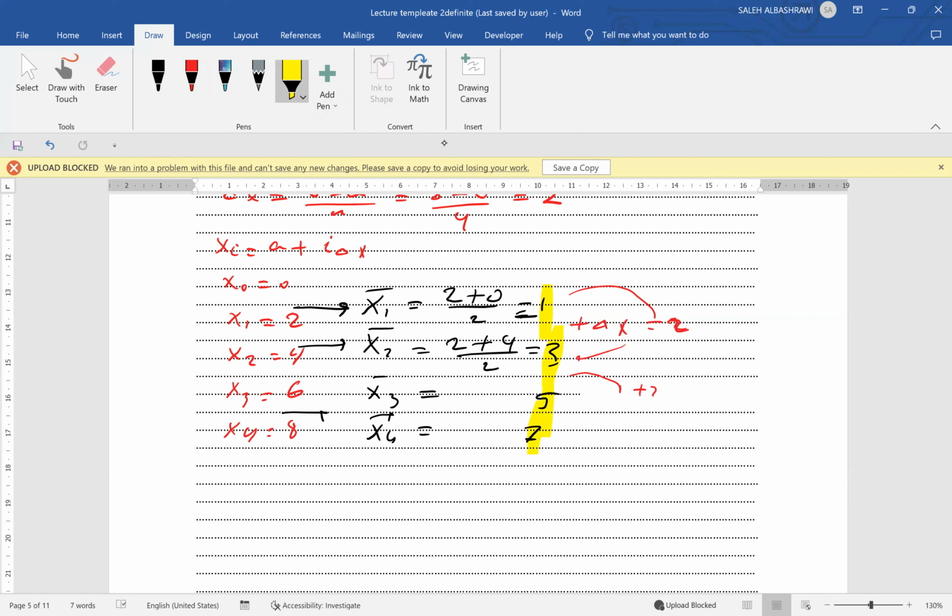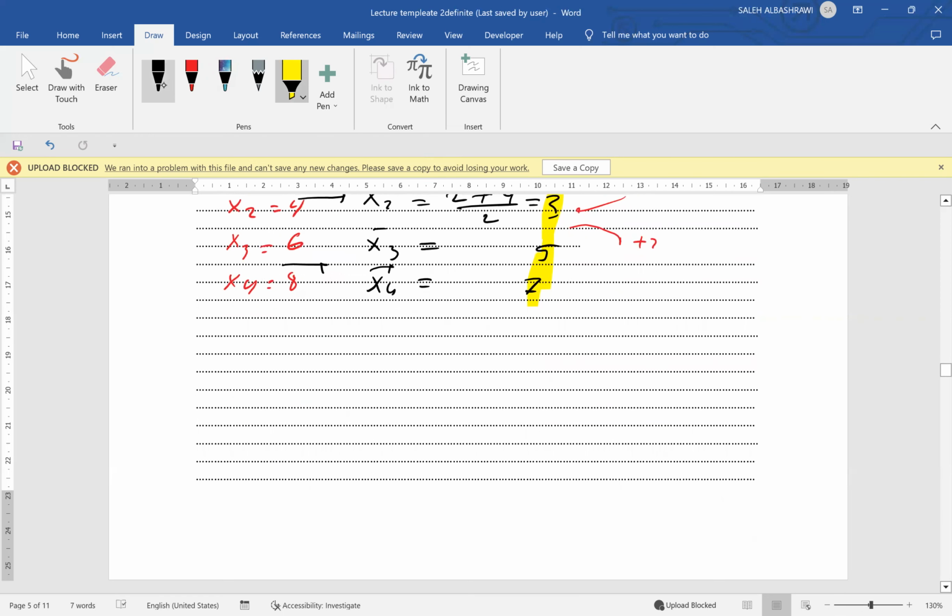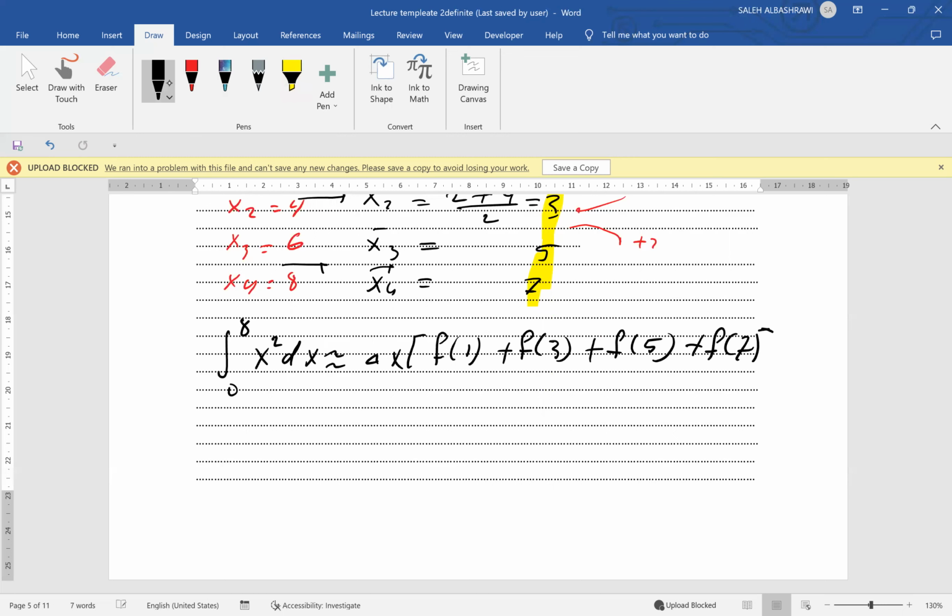So the midpoints are 1, 3, 5, and 7. I'm going to evaluate the function at the given midpoints. The integral from 0 to 8 of x squared dx can be approximated by delta x multiplied by f of 1 plus f of 3 plus f of 5 plus f of 7, where delta x is 2.